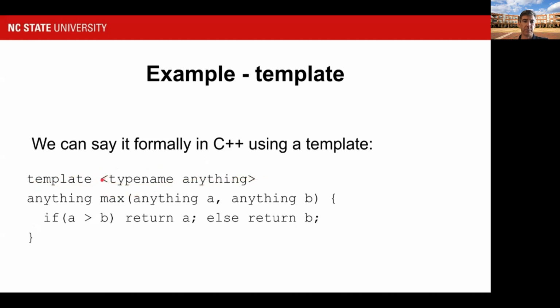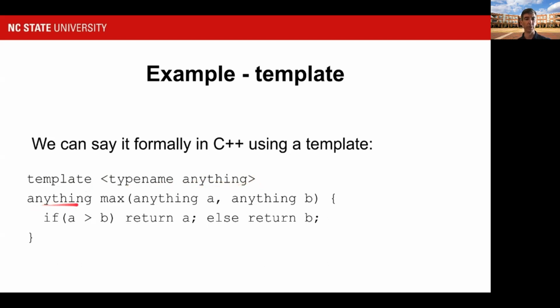And you have to put this in brackets, okay? This isn't just something I put on the slide to help it make sense. This is the real syntax. You say template, less than sign, typename. Anything can be an identifier, any kind of legal identifier name. Typename is a keyword, anything is an identifier, and then a greater than sign.